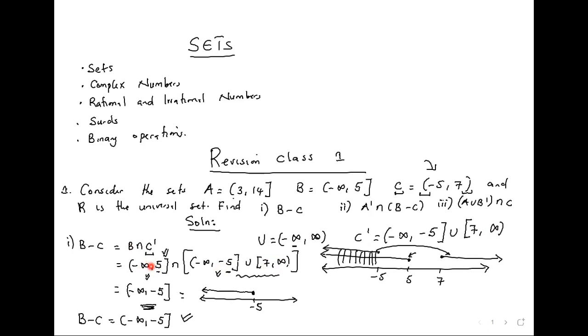The two do not meet, so we forget about this one. We concentrate on these two. They meet in this very interval, because this interval is actually a subset of this one. So that's why we pick the intersection to be this interval here. Okay, thank you.